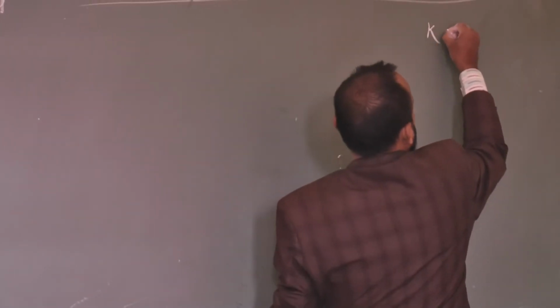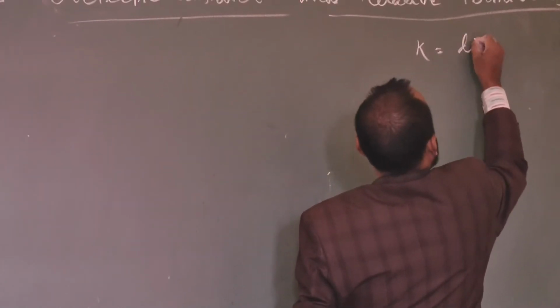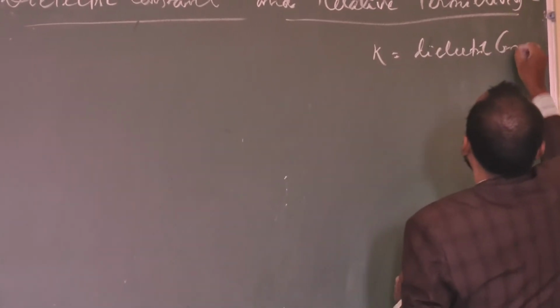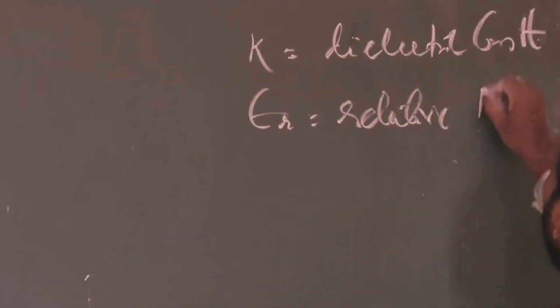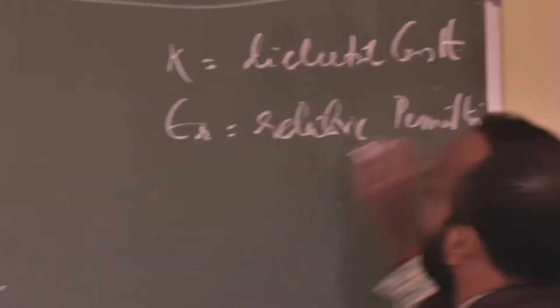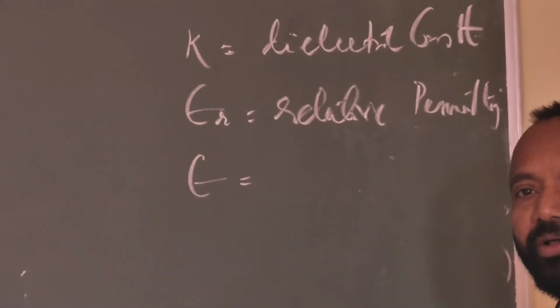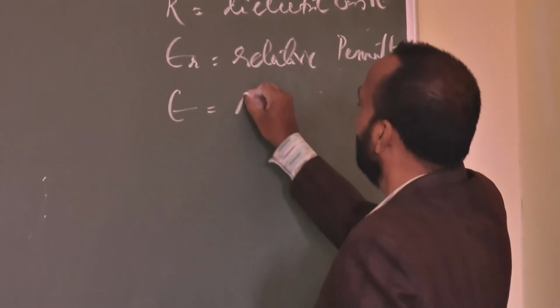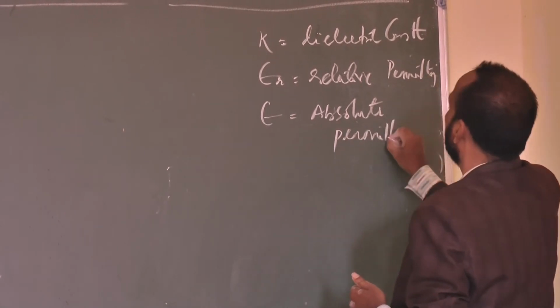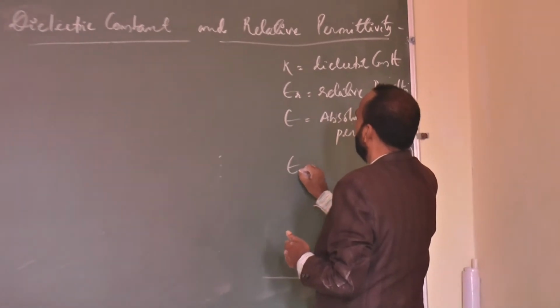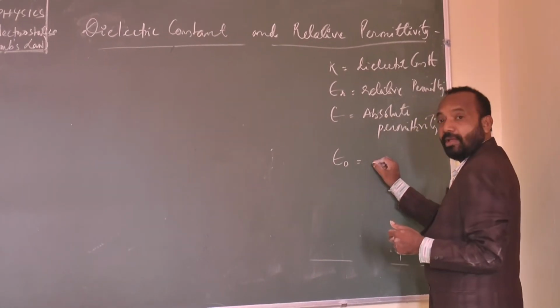Relative permittivity epsilon R. So similarly K is the dielectric constant, epsilon R is the relative permittivity, epsilon is the permittivity in the medium, absolute permittivity, and epsilon naught is the permittivity in the free space.